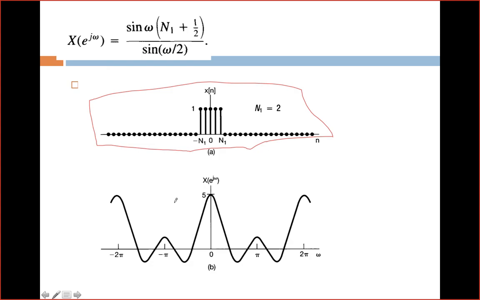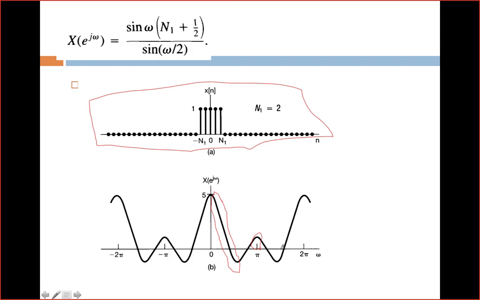When I substitute omega equal to 0, the term attains its maximum value. The expression then slowly reduces and reaches a negative value when omega is greater than pi by 2, and when omega is equal to pi, it will again go to a positive value.